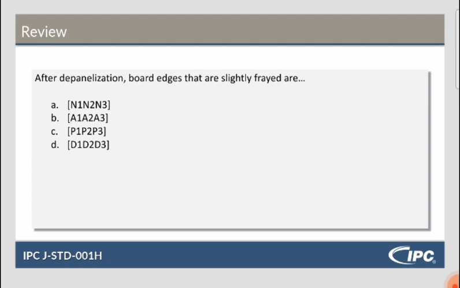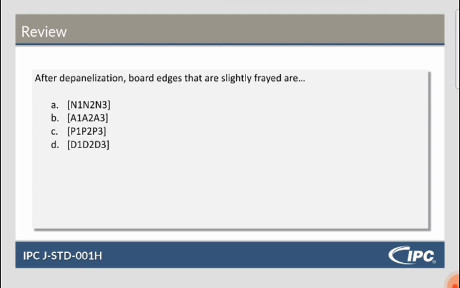After depanelization, board edges that are slightly frayed. Now that was something I just discussed about depanelization. So that's in section 9.4. Board edges that are slightly frayed, just a little tiny bit. Well, I'm going to tell you something. There is a requirement established because it was not a should not.